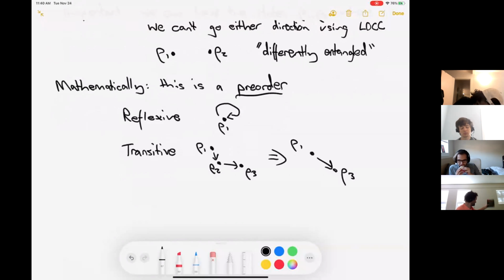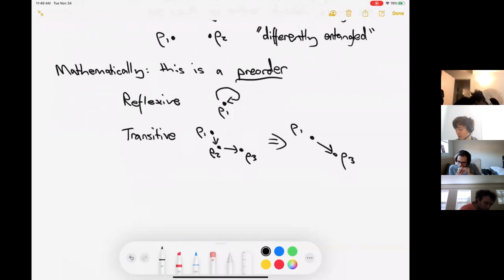On the other hand, we're not going to require, or it's not in general true, that this relationship is anti-symmetric.